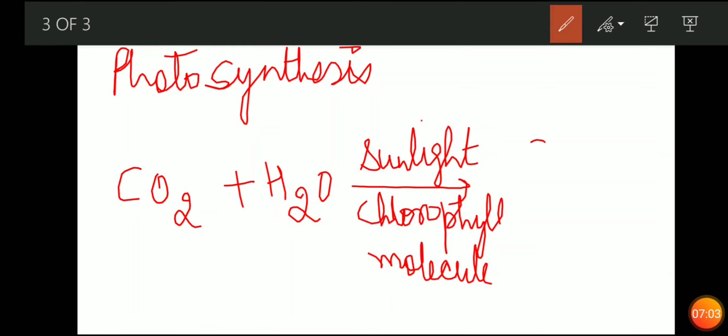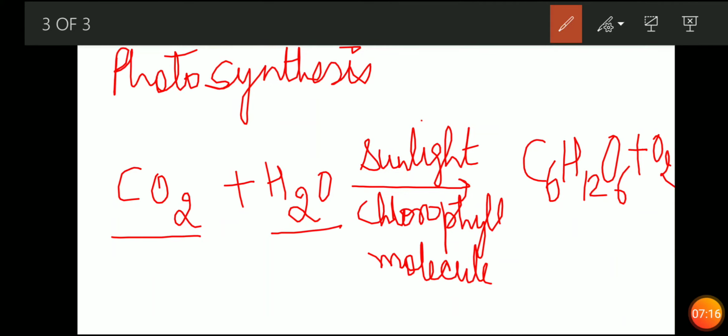It will give you C6H12O6 plus O2. Now this is your carbon dioxide, this is your water. You will write at the bottom of CO2, carbon dioxide, and below the H2O you will write water. C6H12O6 is your glucose, you will write glucose, and below O2 you will write oxygen.